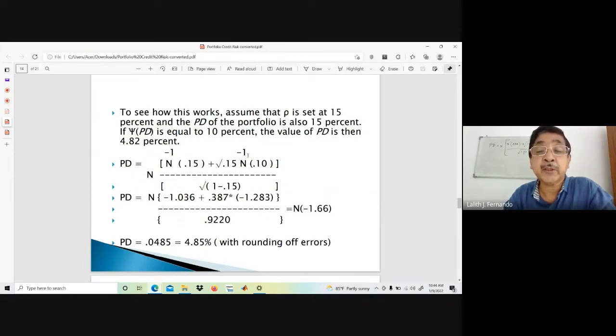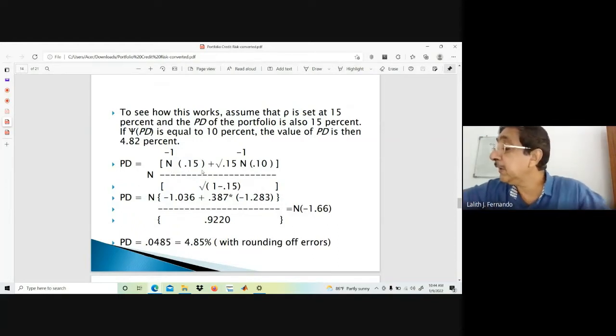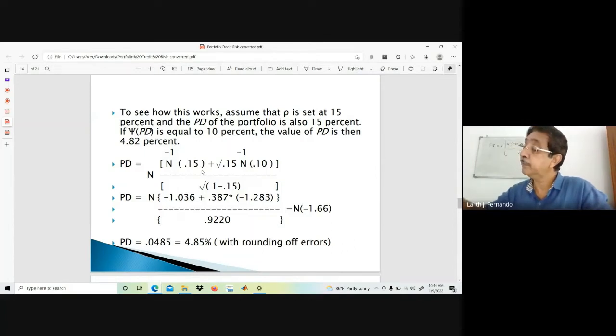N to the power minus 1. Again, this cumulative frequency is also 0.10. And that is how things have been given here. So now we can read this.